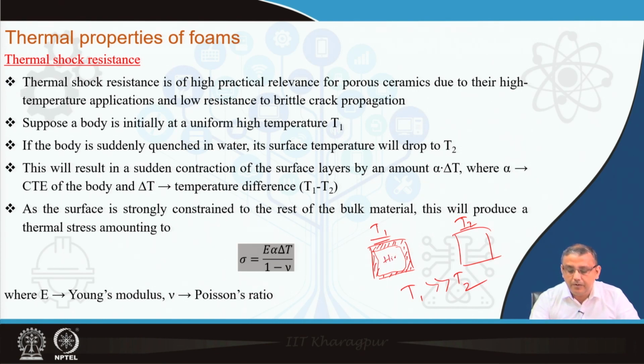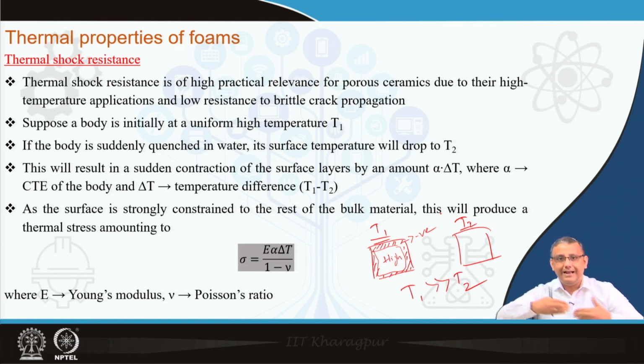So, the inner part will try to resist the contraction. Whatever contraction is trying to happen in the outer part, a negative strain, will be restricted by the inner core, which will try to maintain the higher dimensions that it had at the high temperature.